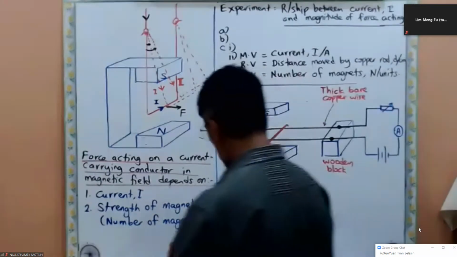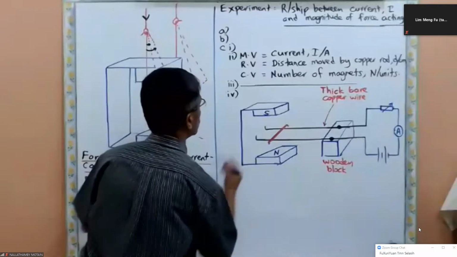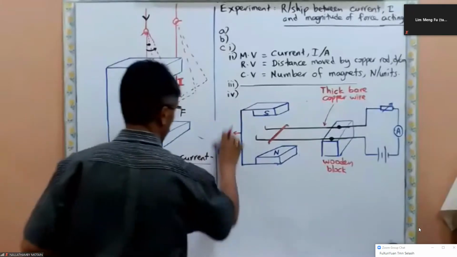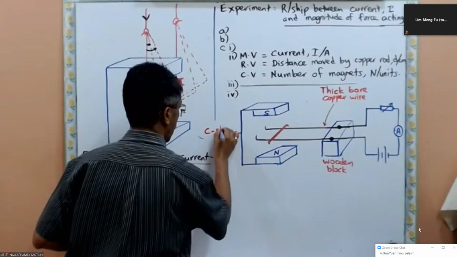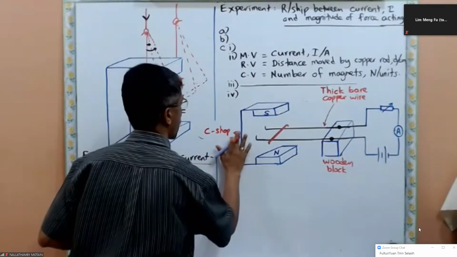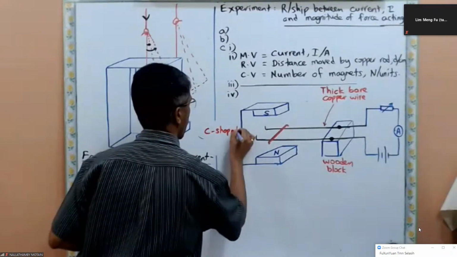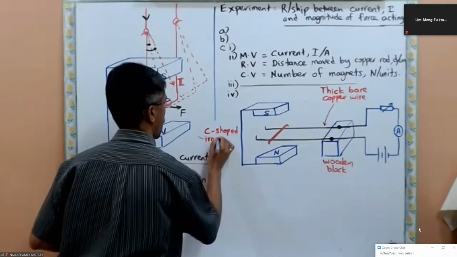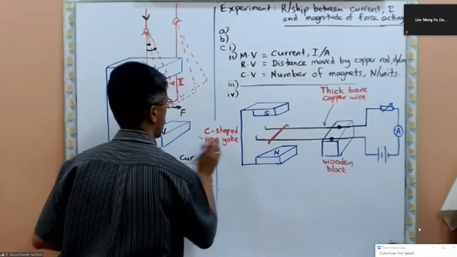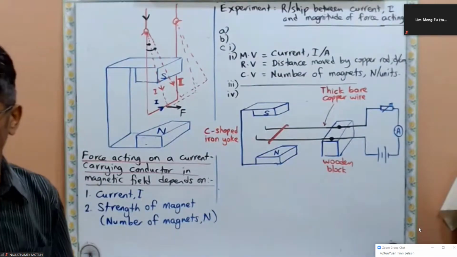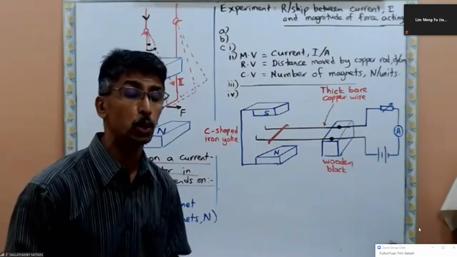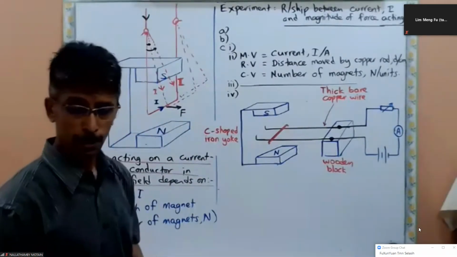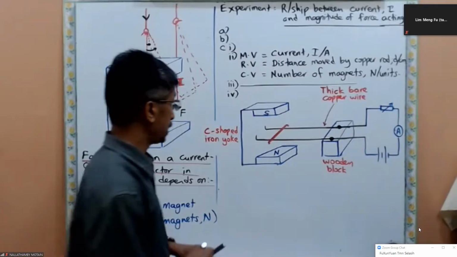The next one is this. C-shaped iron yoke. And then here is what?